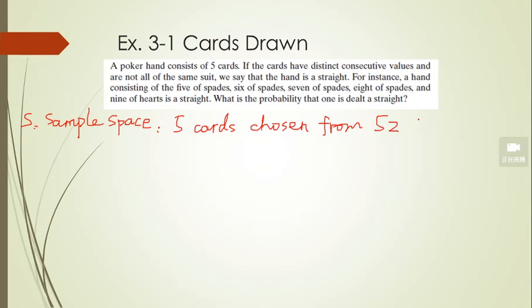Then the different possible outcomes will be 52 choose 5. That is the different outcomes in the sample space.